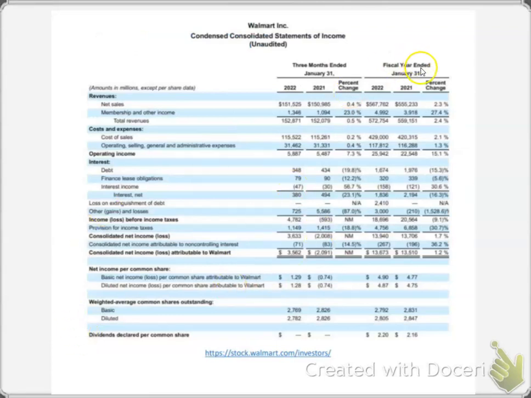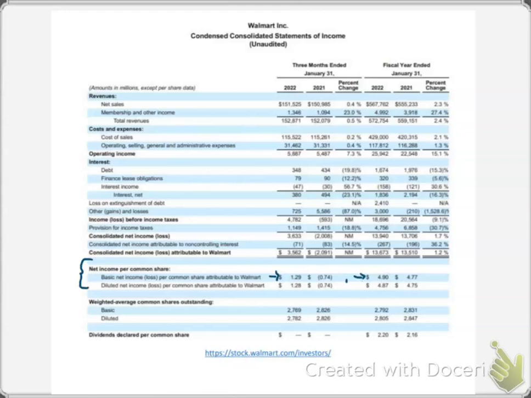So they've got the year ended January 31st, and they have 3 months ended January 31st for 2021 and 2022. This is their income statement, and at the bottom here, they list what is earnings per share. So they've done the calculation and they've shown you what is earnings per share.